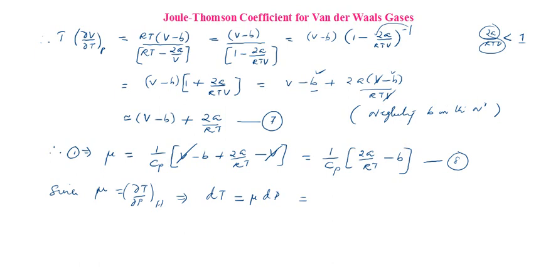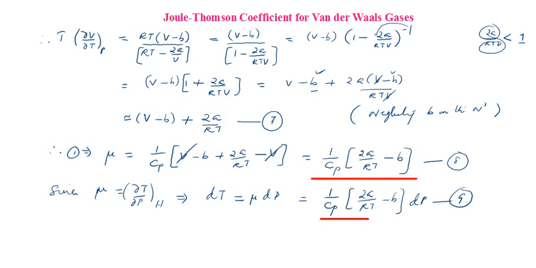That is equal to 1 by Cp times 2a by RT minus b times dP. That will be my equation number 9. You can depend on equation 8 or 9 to make meaningful conclusions. Either this expression will do for mu, or for dT I can use this expression. Both equations are equivalent.